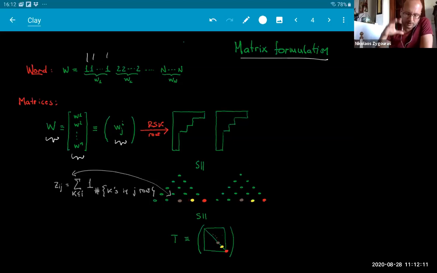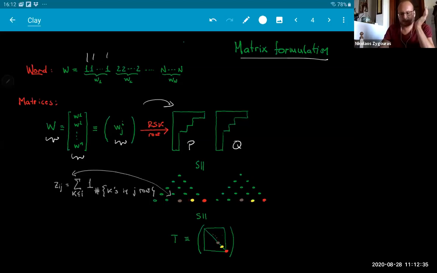So we have this matrix of letters coming from words, and I can do the row RSK, or if I want also the column RSK, to map it into a pair of Young tableaux. One is usually called P, and the other is called Q.